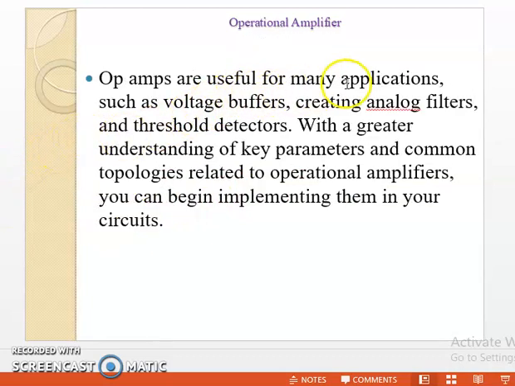Op-amps are useful for many applications such as voltage buffer, creating analog filters and threshold detectors. With a great understanding of key parameters and common topologies related to operational amplifiers, you can begin implementing them in your circuits.